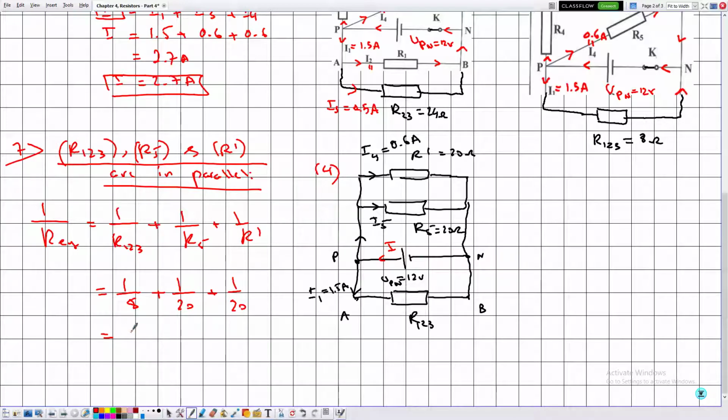Now plugging these three fractions on the calculator, we have that it's given by 9 over 40. So 1 over R equivalent is equal to 9 over 40, which means that R equivalent, if you consider the crisscross, is equal to 40 divided by 9, which is almost equal to 4.44 ohms.